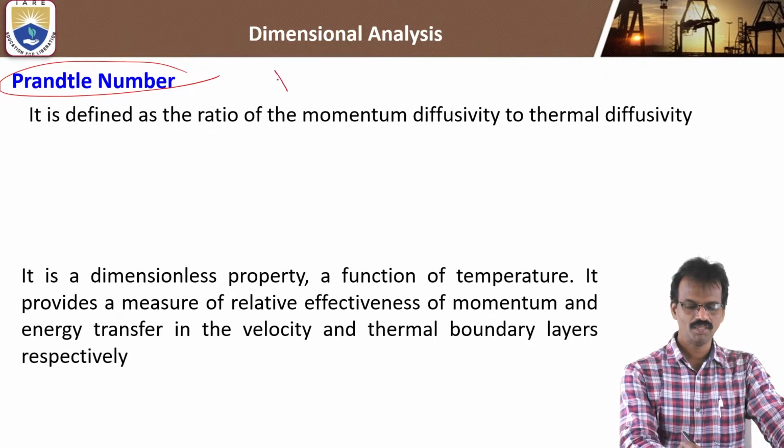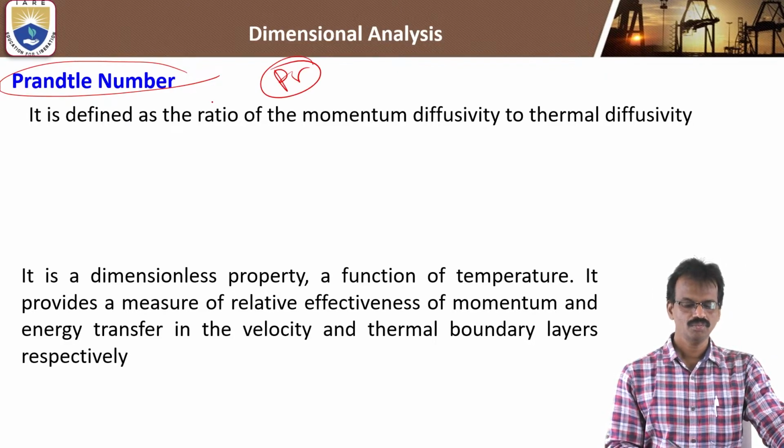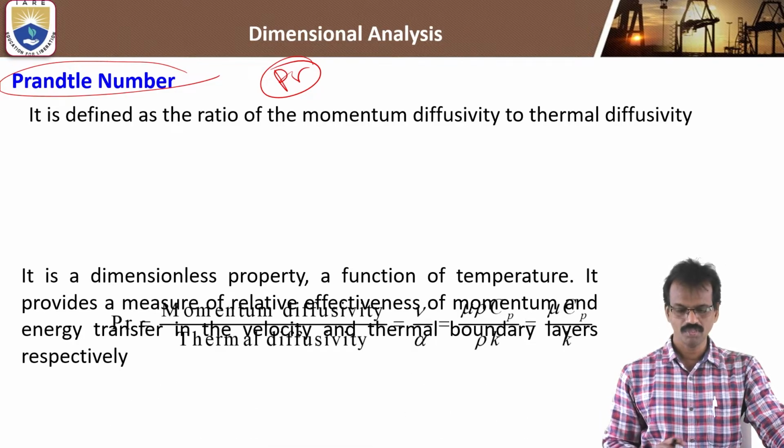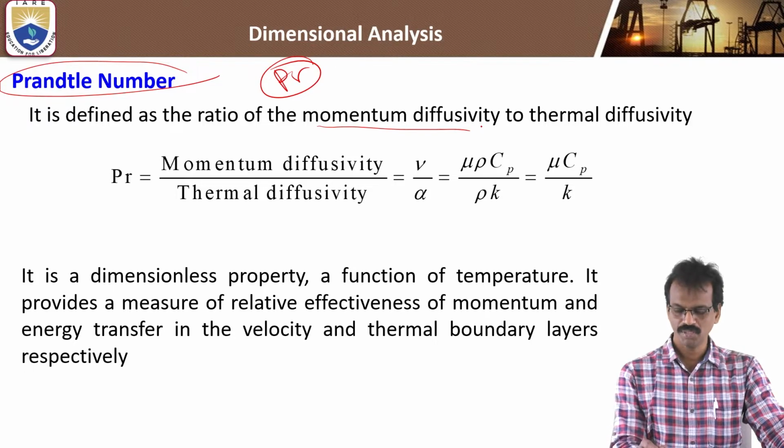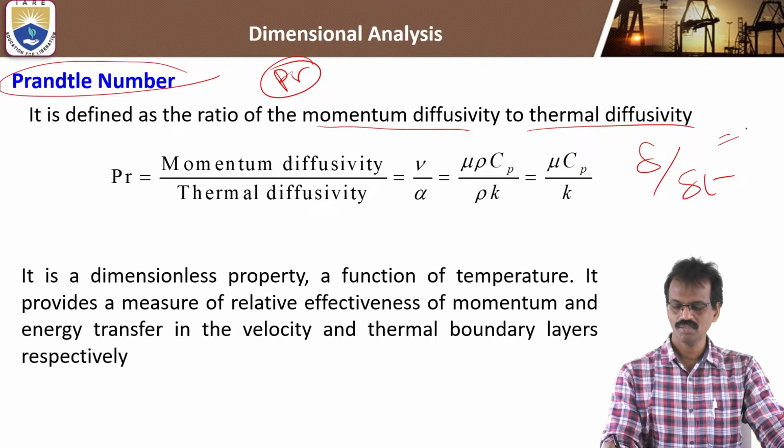We represent it by Pr. So it is the ratio of momentum diffusivity to thermal diffusivity. You know that delta by delta_T is equal to Prandtl to the power of 1 by 3, 0.333.